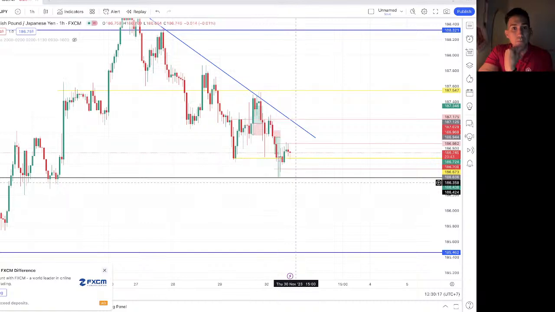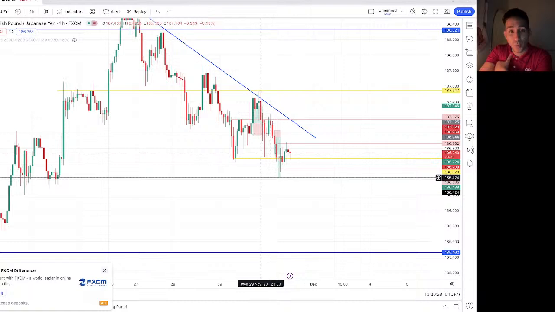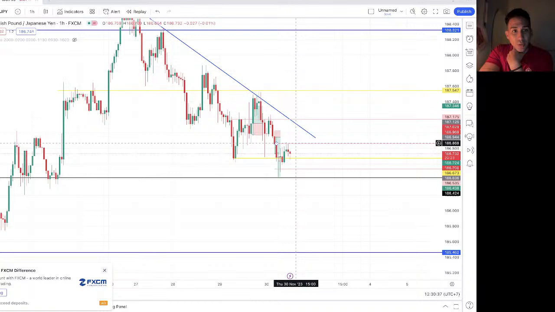As I can see here, the bias is still bullish, but we hit this area like we see in the 4-hour time frame. This is the 4-hour time frame resistance support, and we tap it and we managed to go up a little bit, but we haven't passed this resistance here.